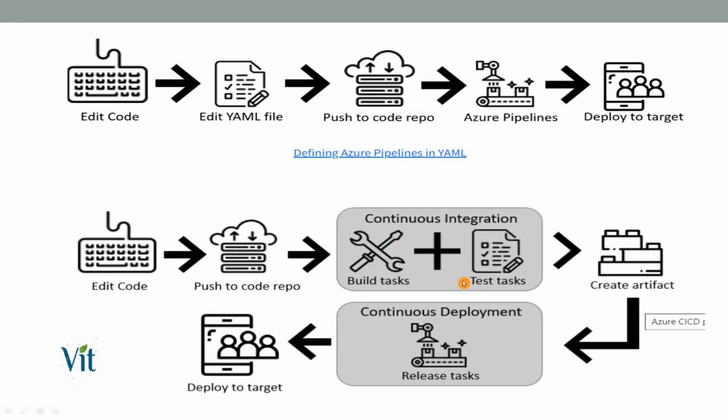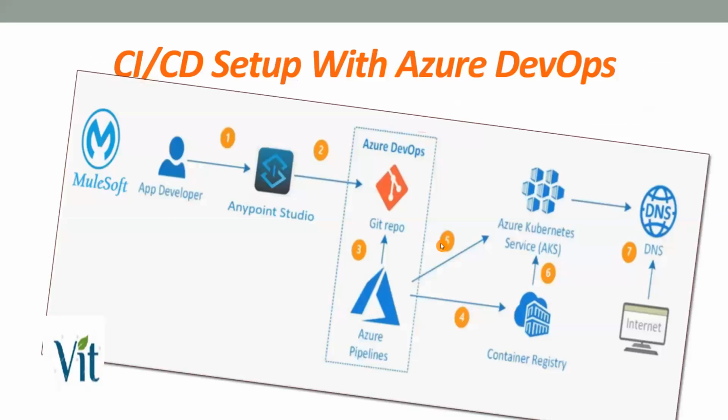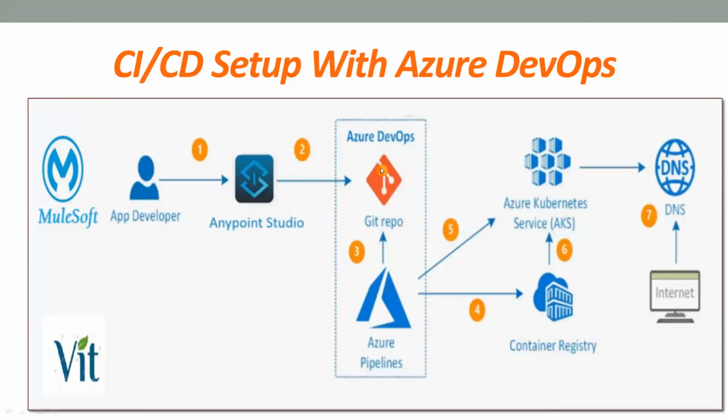Whenever there is a change in the Git repo, automatically the Azure pipeline will run and it will deploy into CloudHub. Hope you have understood a little bit, but at the end of this series, you will be able to understand the end-to-end flow.